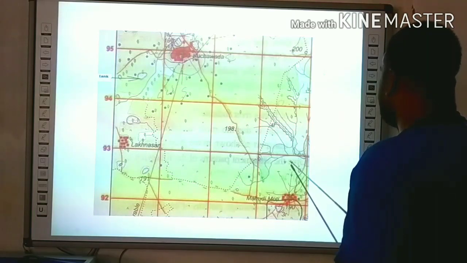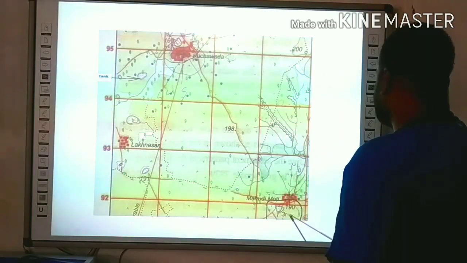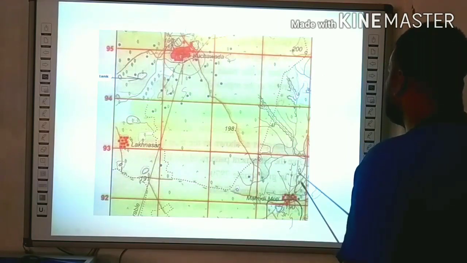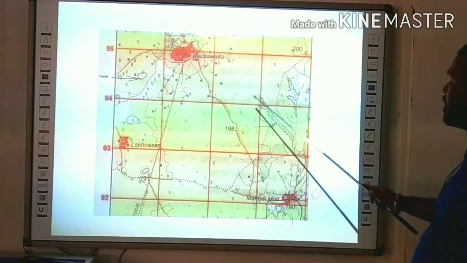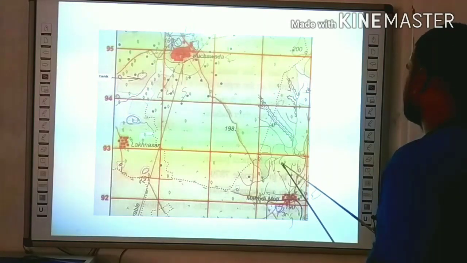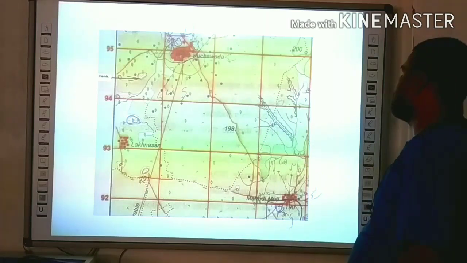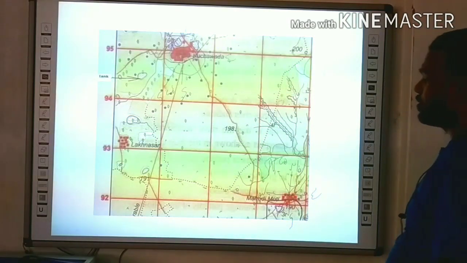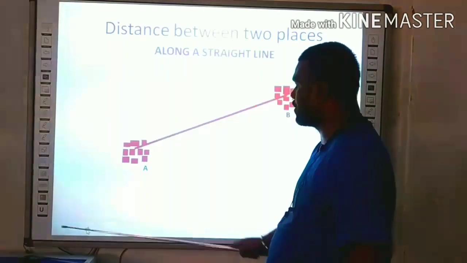Now it's time to point north, south, west and east. So in what direction is it? It is in the northwestern part from Mahudi Moti settlement. So Kuchawara settlement is located in the northwestern part of Mahudi Moti settlement.